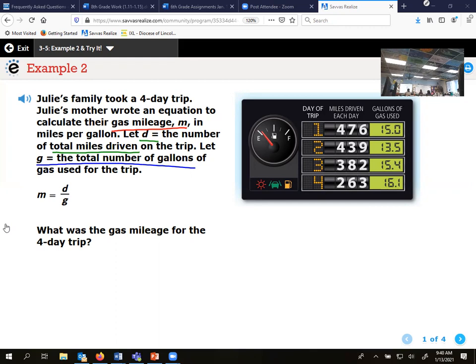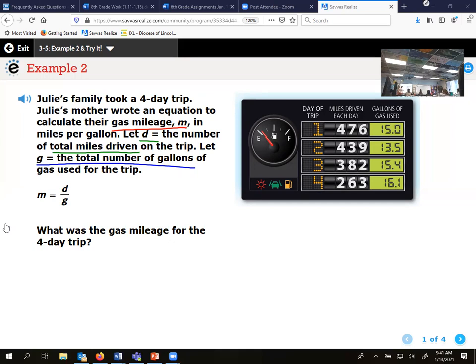Or at least enough to solve the problem? Yes. Do we know the mileage? No. Do we know the total number of miles driven? Yes, we can figure that out. Do we know the total number of gallons of gas used? Yeah. We have to still find the totals, but that information is right there on the chart.